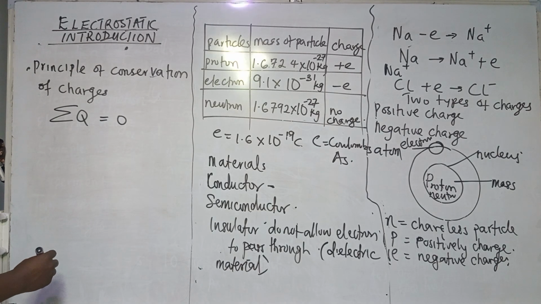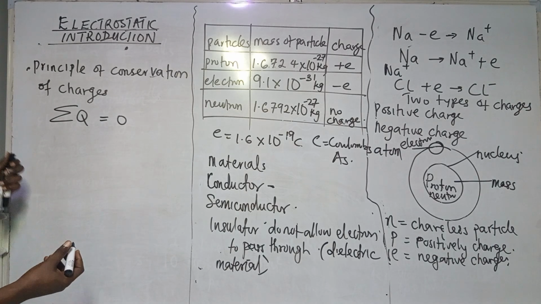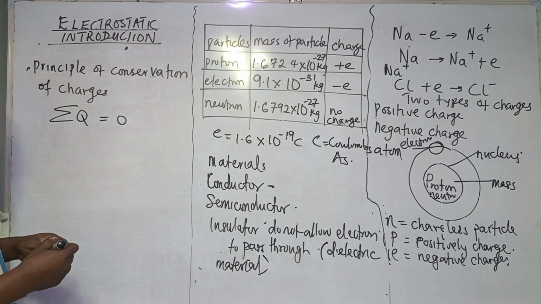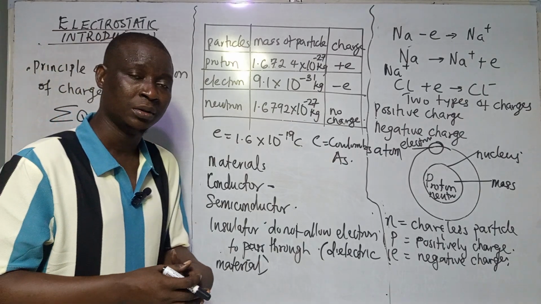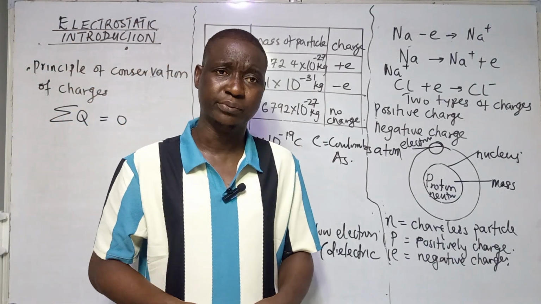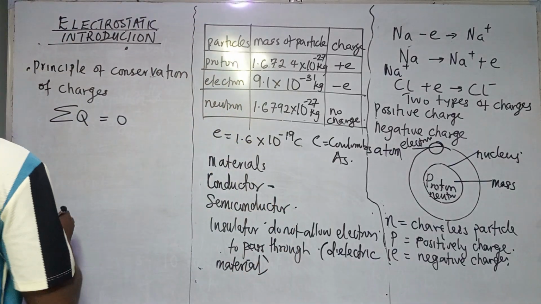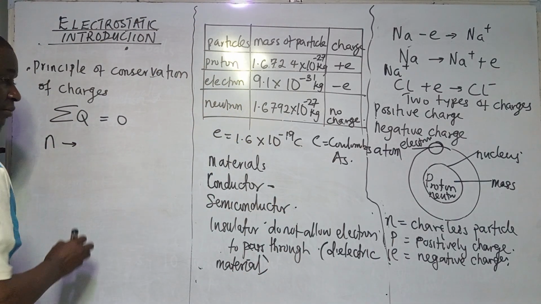Now, what is this one saying? If we want to look at it in terms of reaction, let us isolate a neutron. An isolated neutron is unstable, it decays.